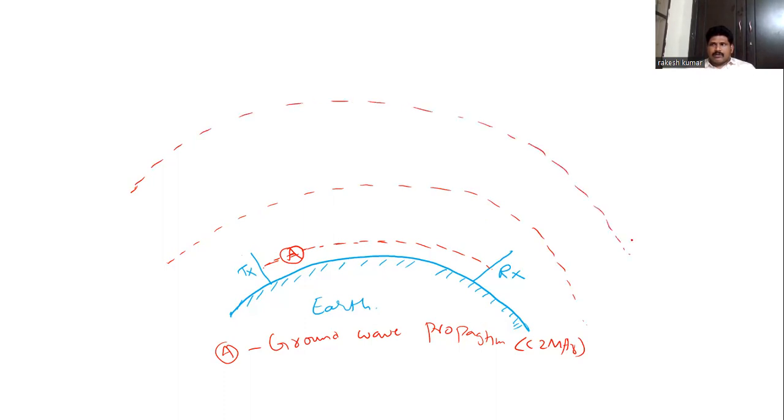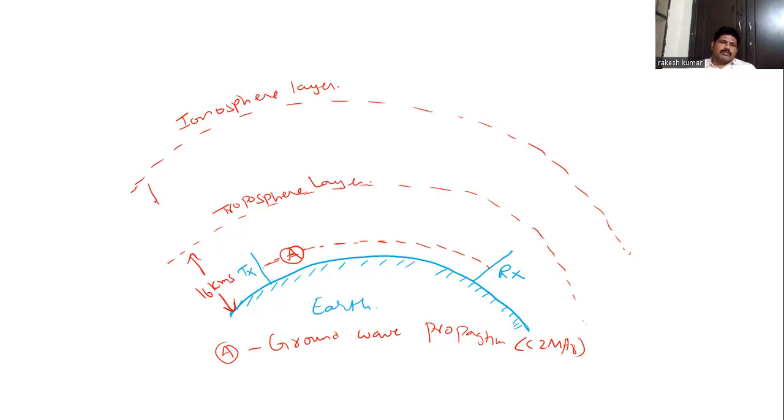Up to here is the tropospheric layer, that is, let us consider the distance from the earth surface is 16 kilometers.